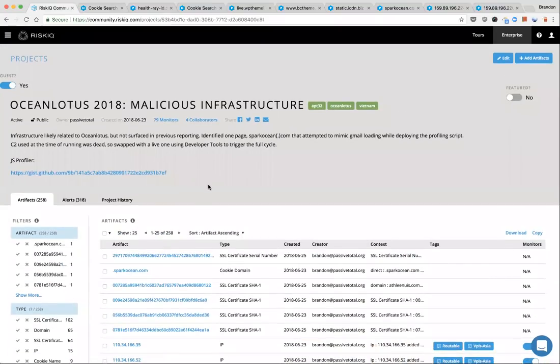And this is something where I spent probably 4 hours pivoting around, and I was able to find a number of different websites that were live, literally serving up profiling scripts that would deliver targeting information back to the malicious actors. I was able to find a number of different websites that were compromised. And long story short, I was able to prove that these guys have not stopped in their operations and they're still continuing on despite the public information against them.